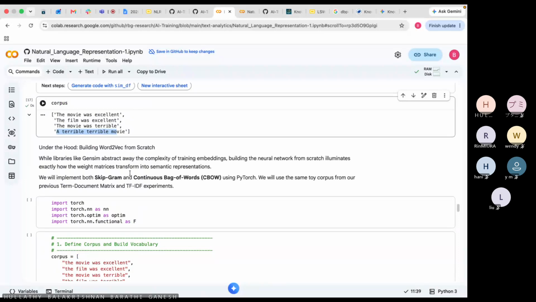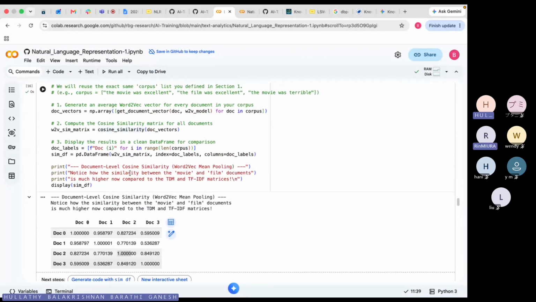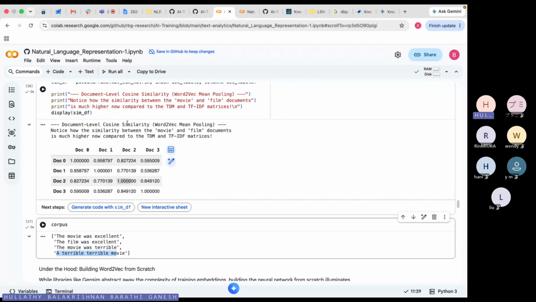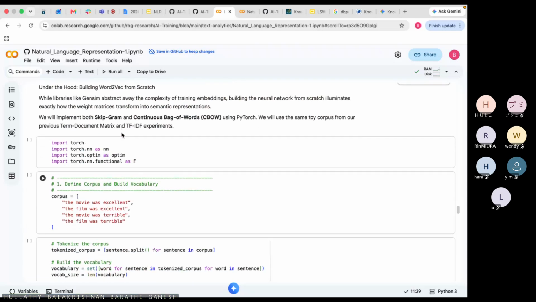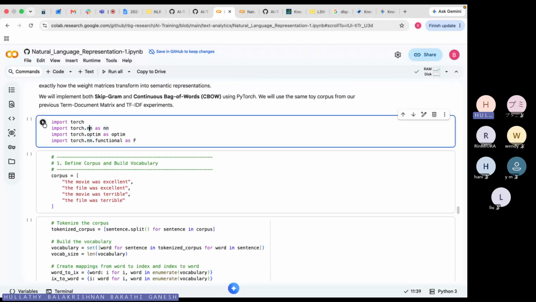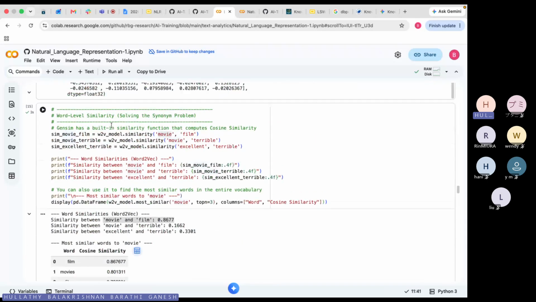Okay. So now let's do a little bit deeper insight into how these embeddings are formulated. In the next step, using the Gensim library, you can directly train your own corpus.